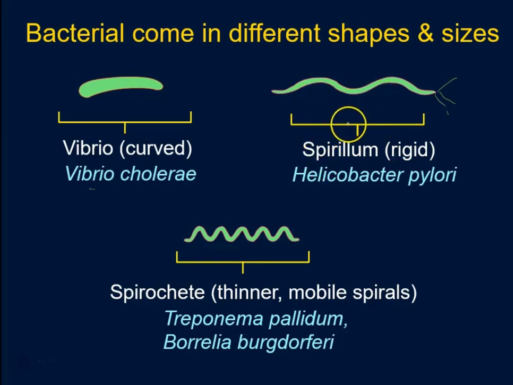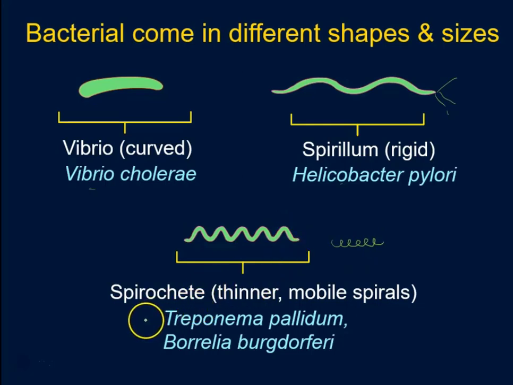So this is more rigid. An example of that is Helicobacter pylori. On the other hand, spirochetes are thinner and more mobile bacteria. In here you have more turns within the bacteria, so it can form this corkscrew motion within the medium, and that's how it moves around.